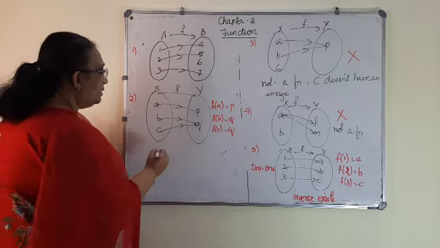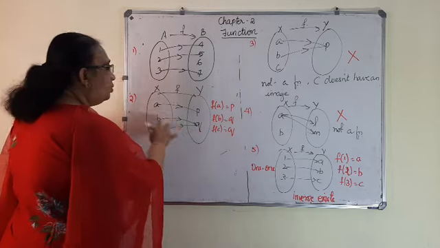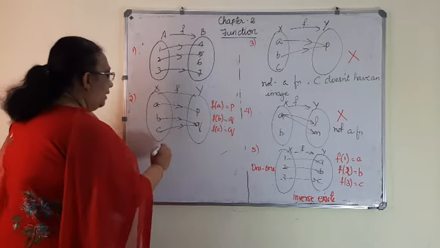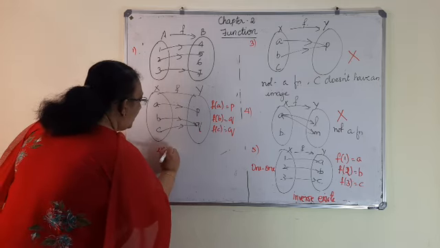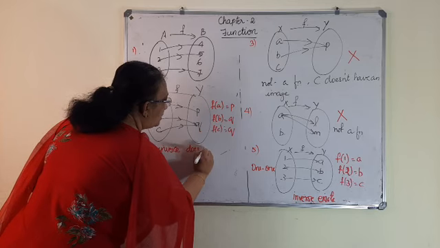When you consider the inverse function, Q will be the domain, and Q will have two images. That means the inverse does not exist.